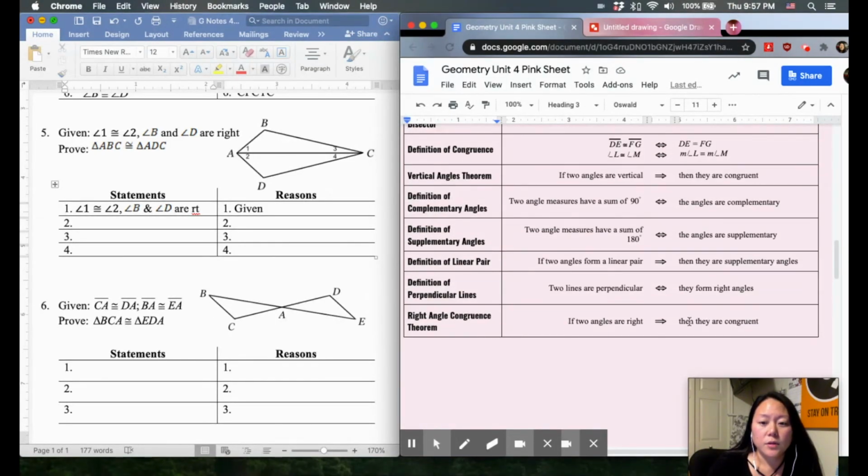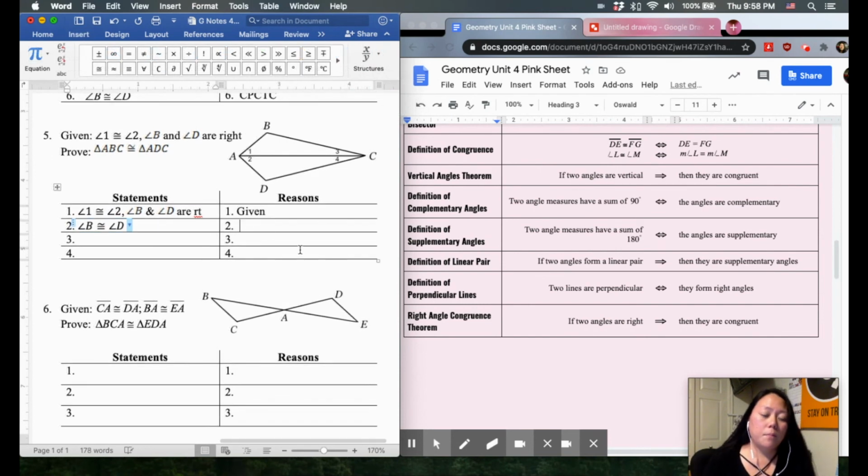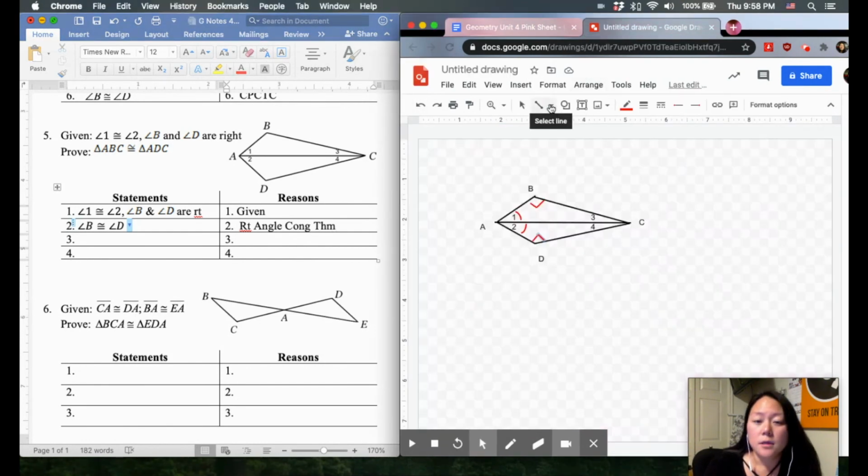If two angles are right, then they're congruent. So I will say that angle B is congruent to angle D, the right angle congruence theorem. And so we can use squiggles to show that they're congruent as well.